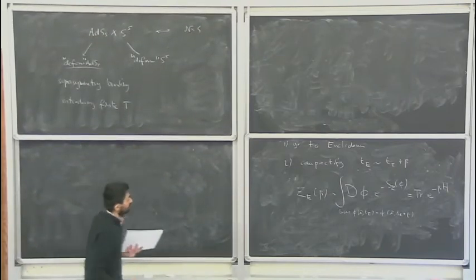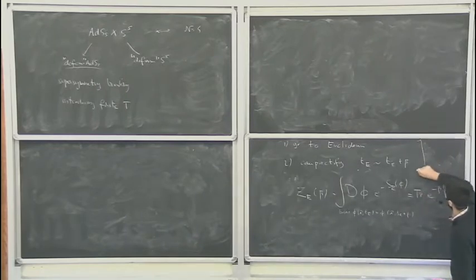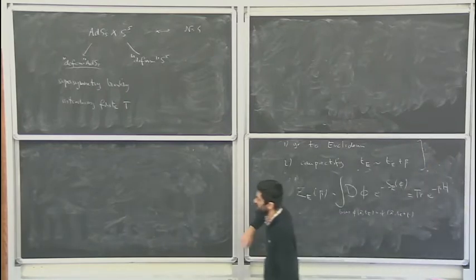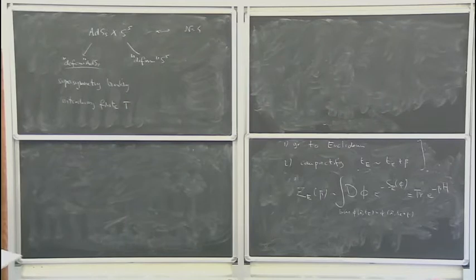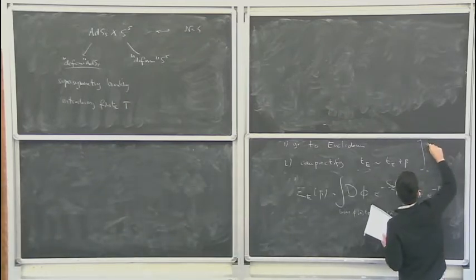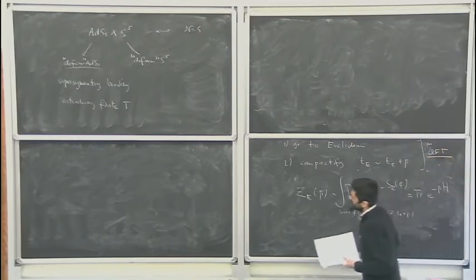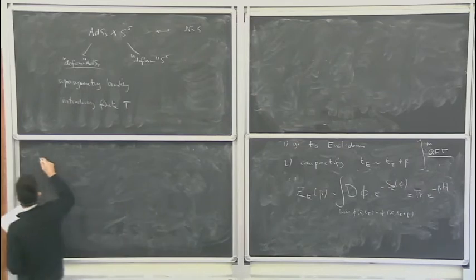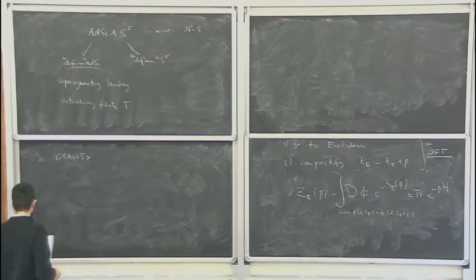Now, this same basic trick, or recipe, allows you to go to finite temperature on the gravity side. So there is a parallel in the two sides. So this was in field theory, so this was in QFT. And in gravity, in general, we do the same.